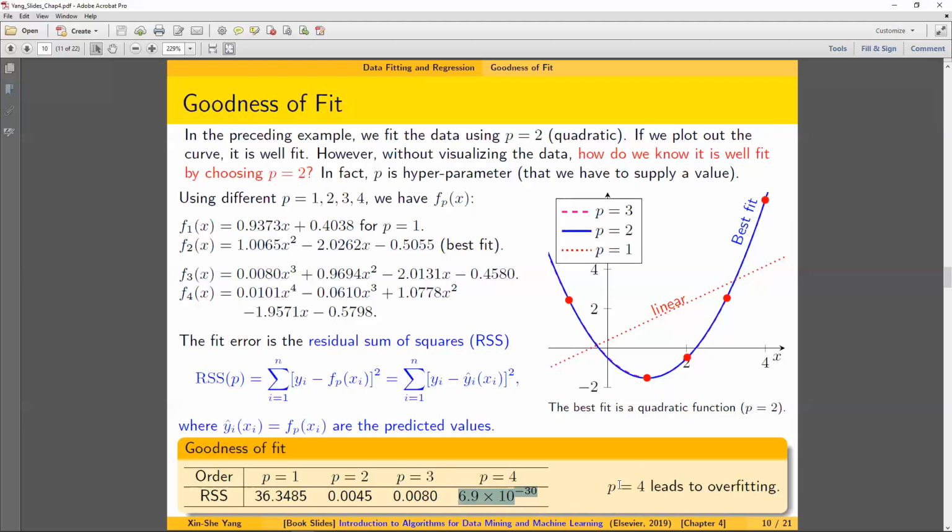Now here you see that p equal to 4 leads to overfitting. If you know overfitting, then you know what I'm talking about. If you don't know yet, hold on to that thought. We're going to have more discussion on overfitting very shortly.